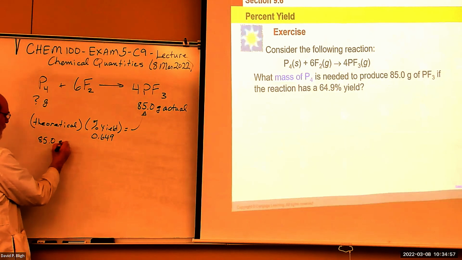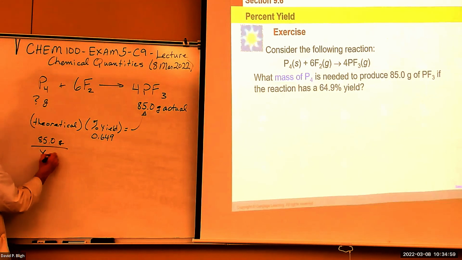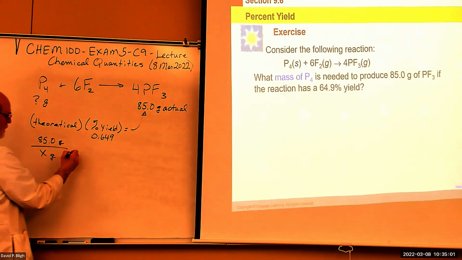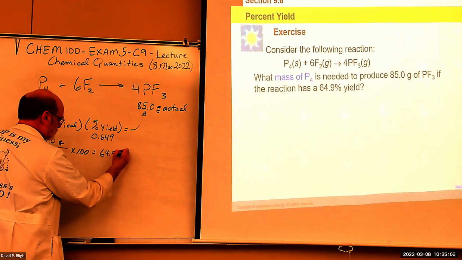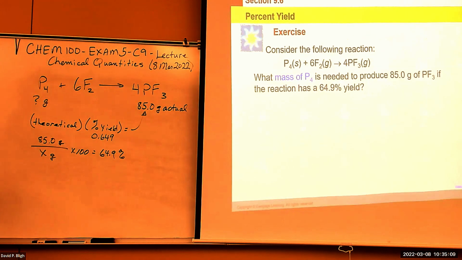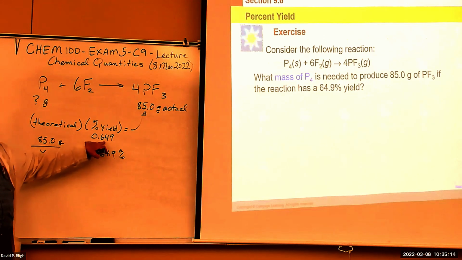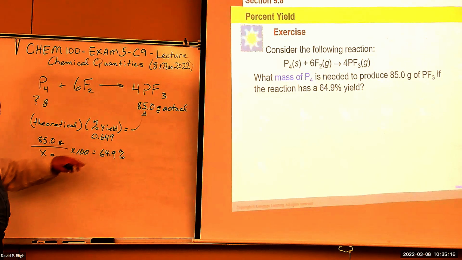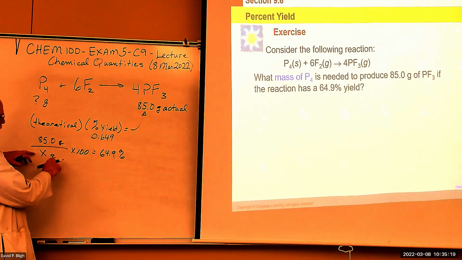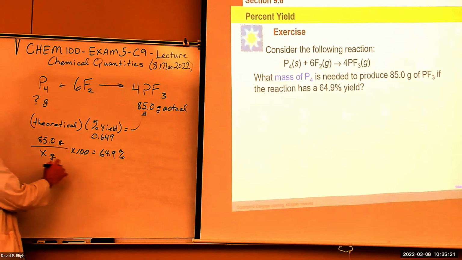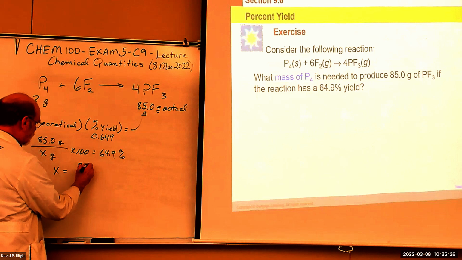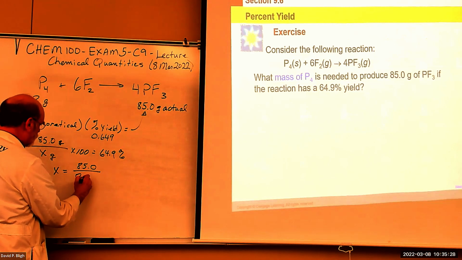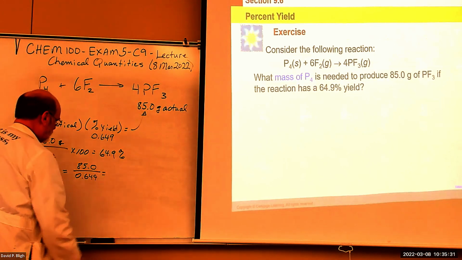85.0 grams divided by X grams, which is the theoretical, times 100 equals 64.9. Okay, there we go. So now, if we take the 100 to the other side, divide 100 into that, we get this value. And if we want to know what X is, now we've got X equal to 85 divided by 0.649.